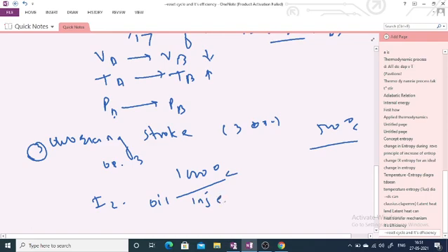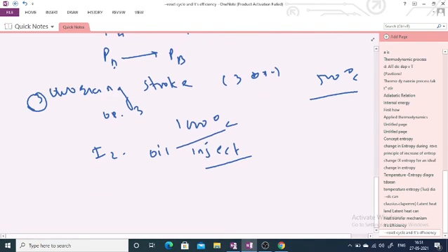Once the oil enters the cylinder, it starts to burn immediately, because the temperature of the compressed air is already above the ignition temperature.